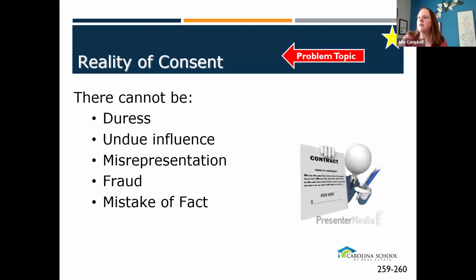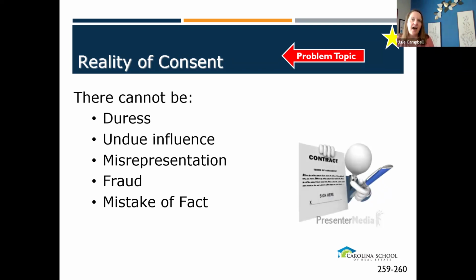Misrepresentation and fraud are both incorrect information. There's incorrect information in the contract. The difference in contract world, the difference in misrepresentation and fraud is intent.